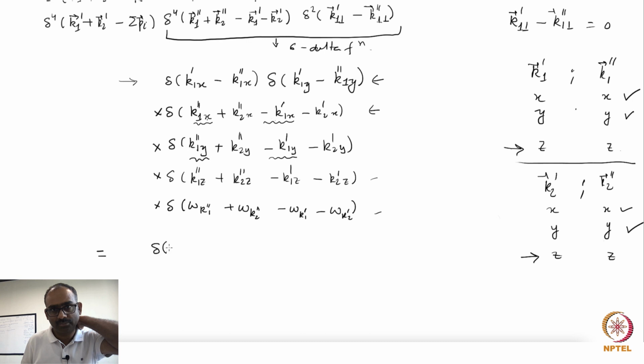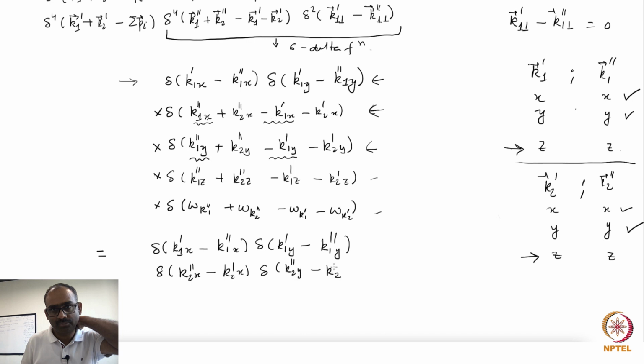So I have delta K1 prime x. Okay. Then you have delta of K2 double prime x minus K2 prime x from this line, times this line will give you delta of K2 double prime y minus K2 prime y.